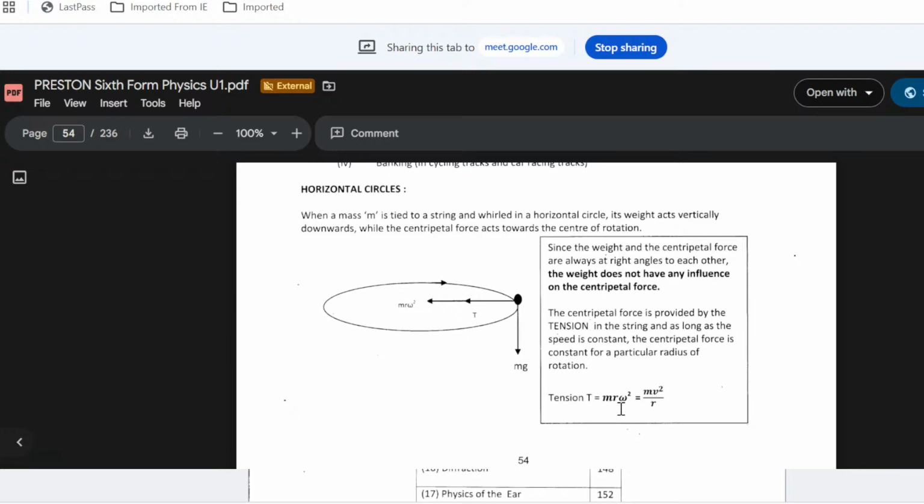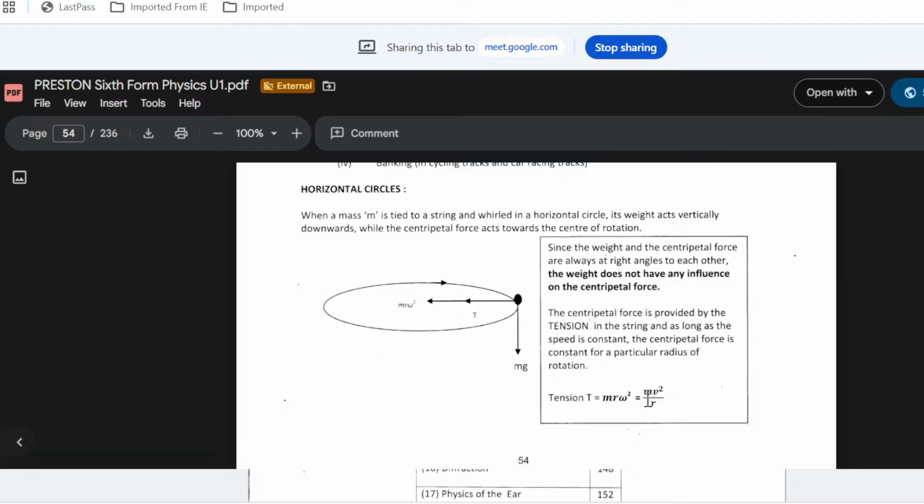Oh, by the way, this W looking symbol, what is this again? That's omega, angular speed, angular velocity. It can be denoted by both.